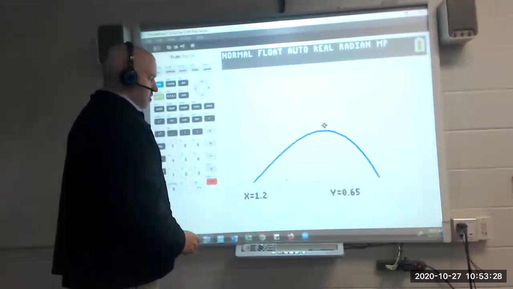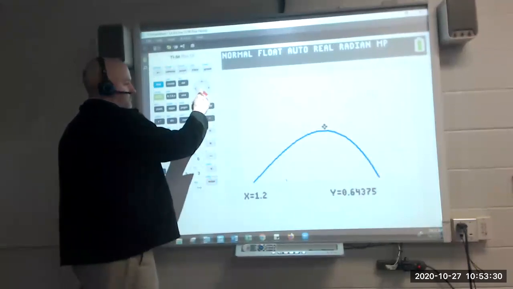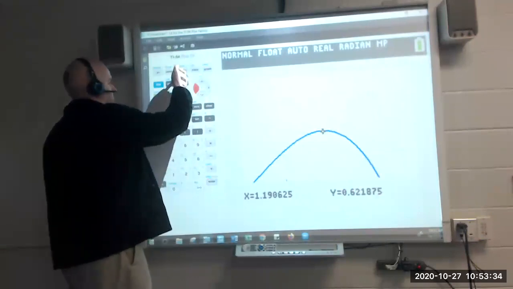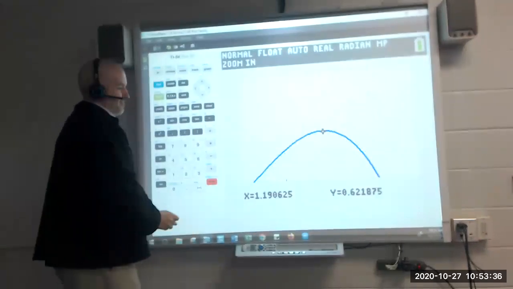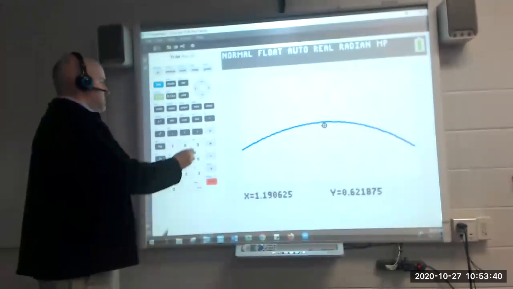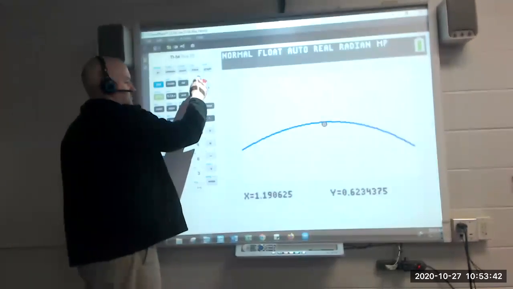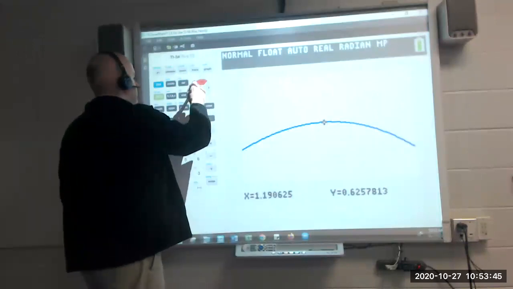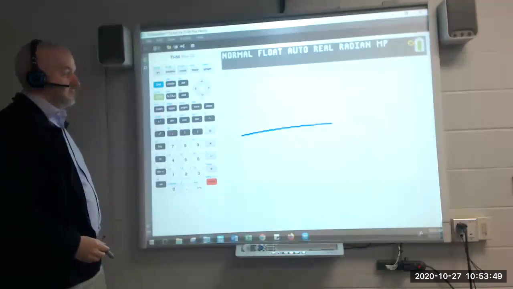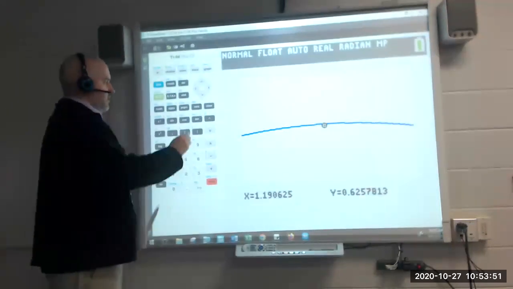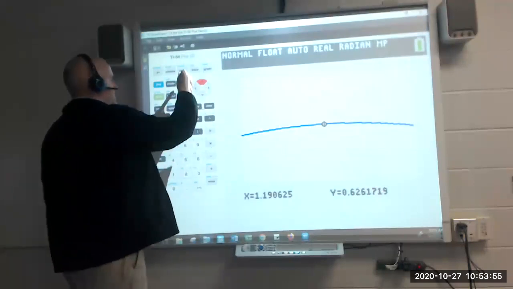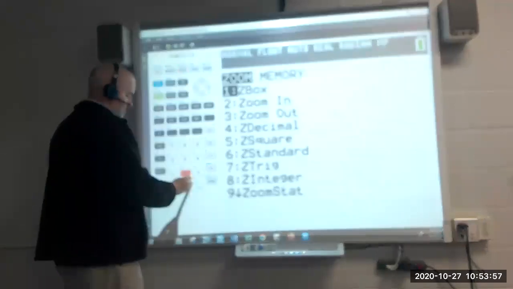Okay, we're zooming in on the curve. Zooming in on the curve. And you already are starting to get an idea of what happens here as you zoom in. The curve is already, as we zoom in, losing that curvy part that makes us call this a curve.